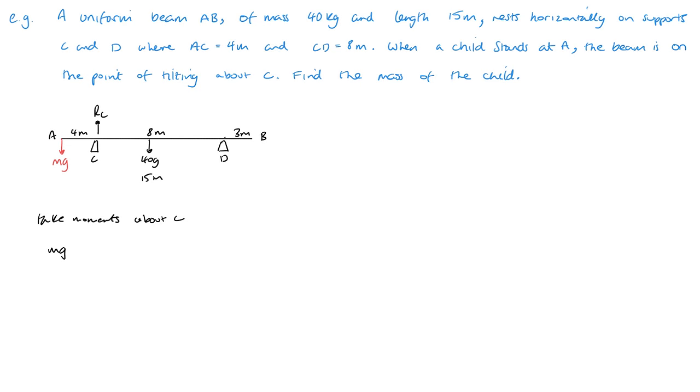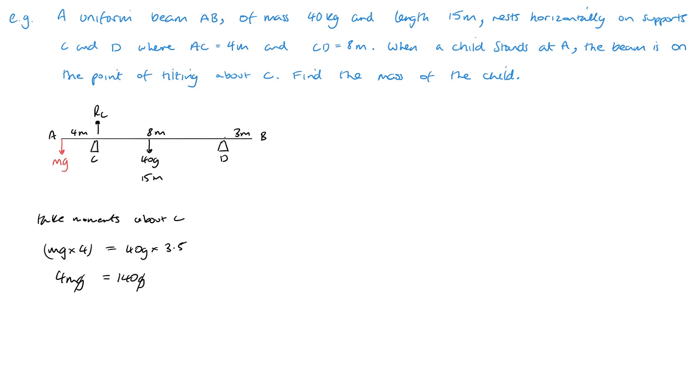So mg times 4 is going to pull it one way, and 40g times, now it's halfway, which is 7.5, and that's 4, so this must be 3.5. So 4mg equals 140g.